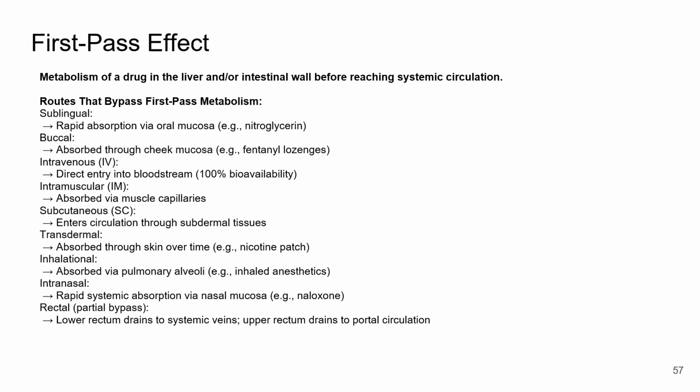Clinically, this matters because bypassing first pass metabolism means a faster onset, higher bioavailability, and more predictable drug levels. And again, that is why nitroglycerin is given sublingually, naloxone might be given intranasally, and IV drugs act immediately. So understanding this concept: if a drug bypasses the liver initially, it avoids first pass metabolism. That dramatically affects how the drug behaves.